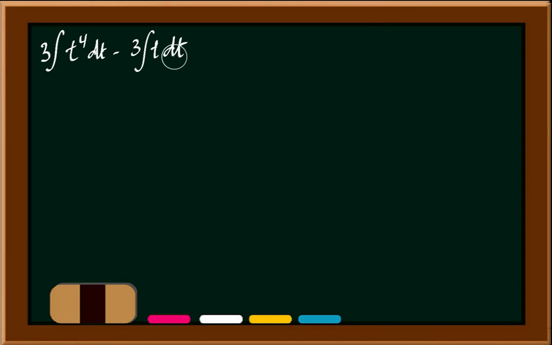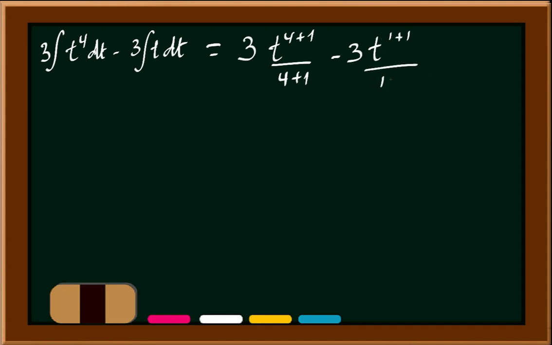And we know that on the first one we will get 3 times t to the power of 4 plus 1 over 4 plus 1, minus 3 times t to the power of 1 plus 1 over 1 plus 1, okay, plus a constant.